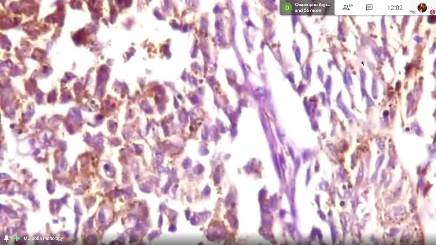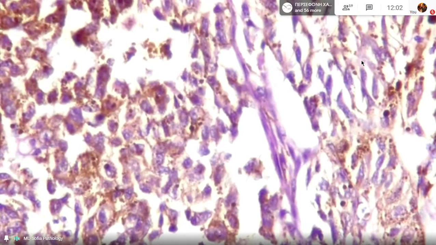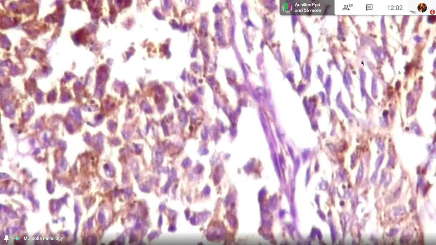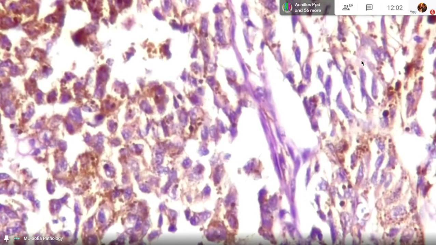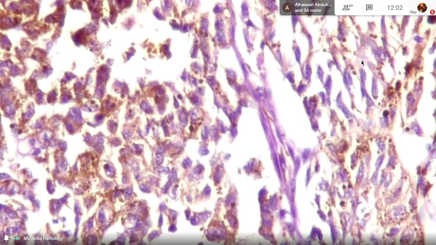Do you see how large are the nucleoli? Not uncommonly red in color. So looking even without the pigment, at these polymorphous cells with slightly eosinophilic cytoplasm with the very large nucleoli, we can suspect melanoma.